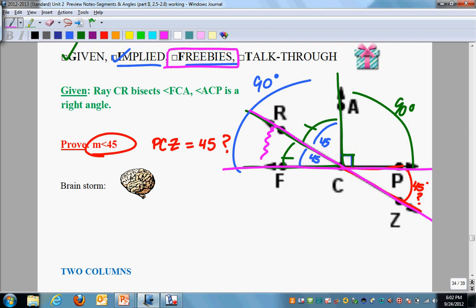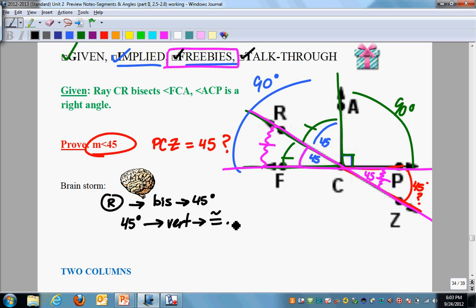Lo and behold, we have bow tie angles. Those are called bow tie, or vertical angles. They're congruent. So if this is 45, aha, that's 45. Now we've already talked ourselves through that. So let's recap what we did. We started with the right angle, and then we bisected the right angle, and we got 45 degrees. When we got 45 degrees, then we just talked about vertical angles, which means they're congruent. So that's like a little baby brainstorm, just to keep track of your reasoning.